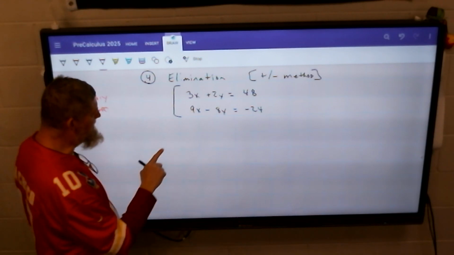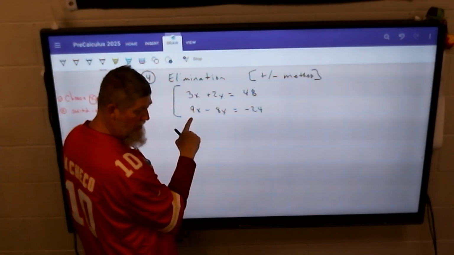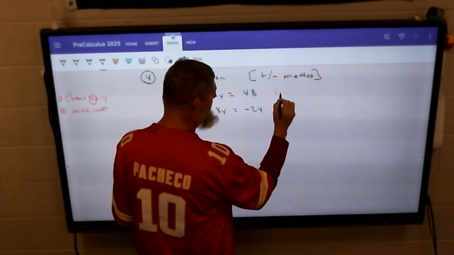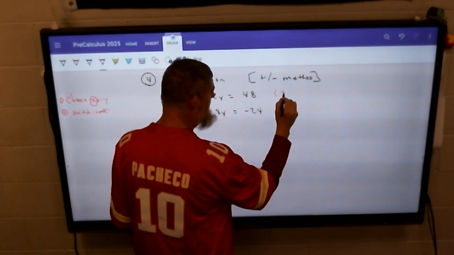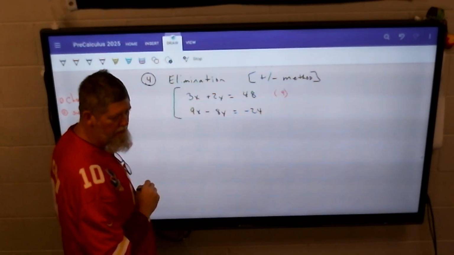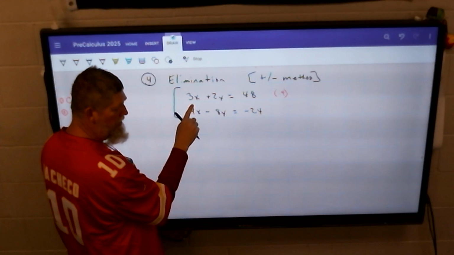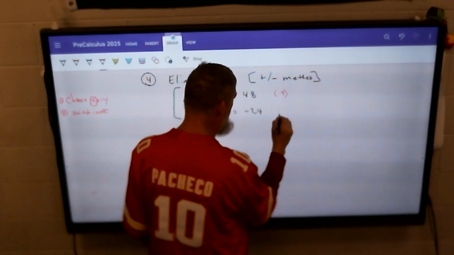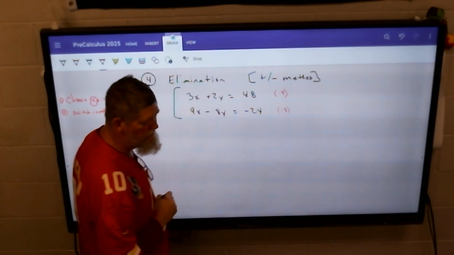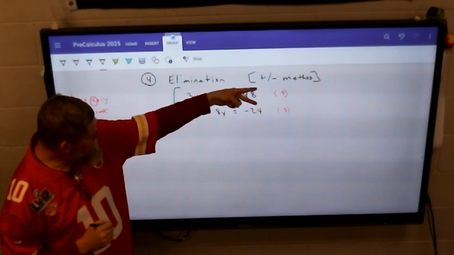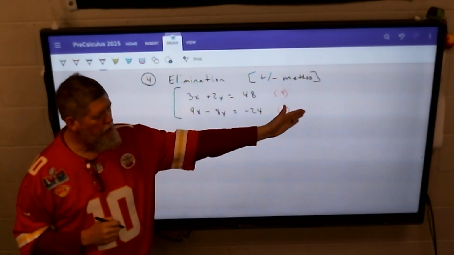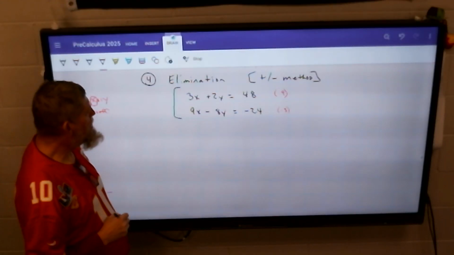I'm going to take the coefficient down here, which is 9, and multiply the top equation by 9. I'm going to take the 3 of the top one, and multiply the bottom equation by 3.